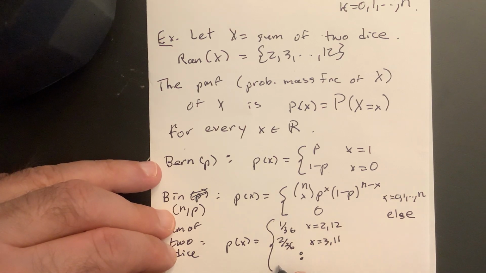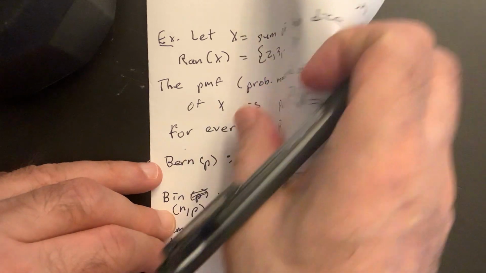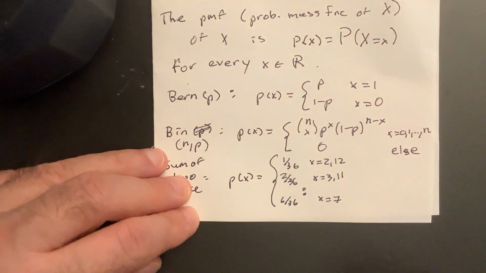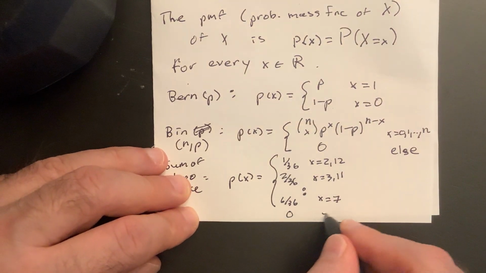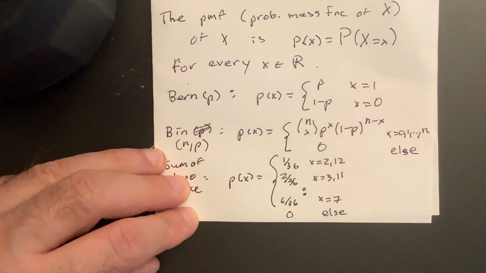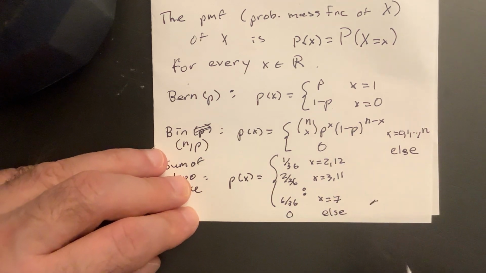And then the last one would be 6 out of 36 if x is equal to 7. And then finally, it's a good idea, at least in your head, to think it's 0 else, right? If it's none of these, then it's 0. Okay, we have to stop, then we'll start the next one.